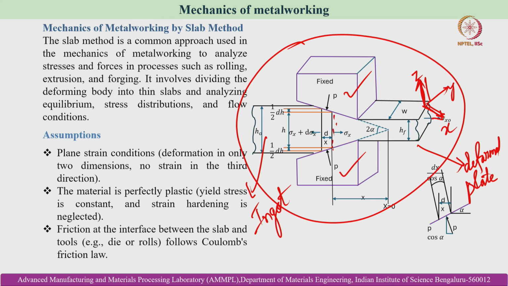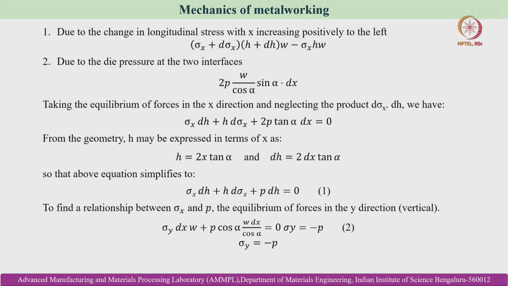And this is the initial height of the workpiece or the plate or the slab ingot. That is defined here as hb. Okay. Or it is defined here as h0, that is the initial height of the specimen. So, this is the h and the notation of h is clear.